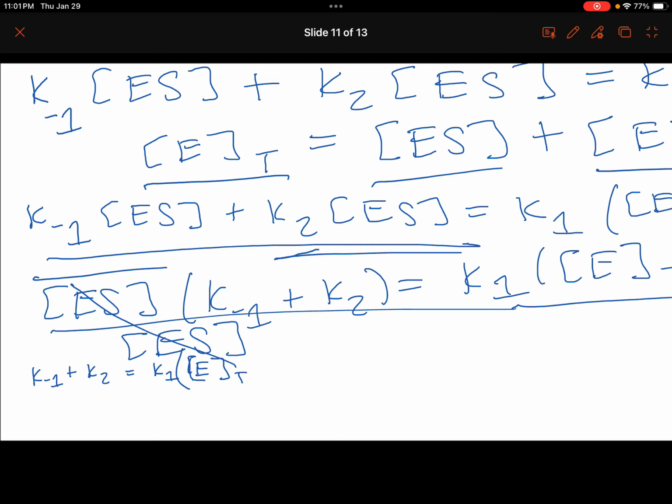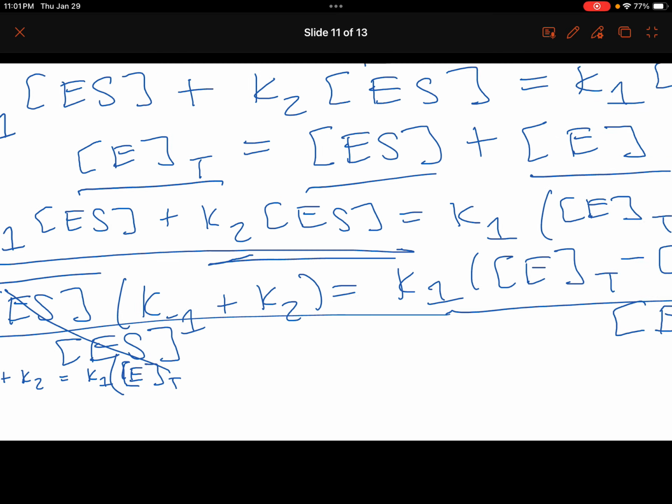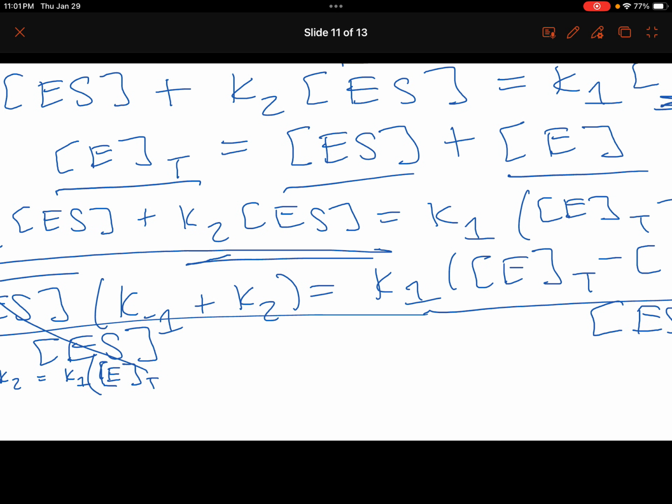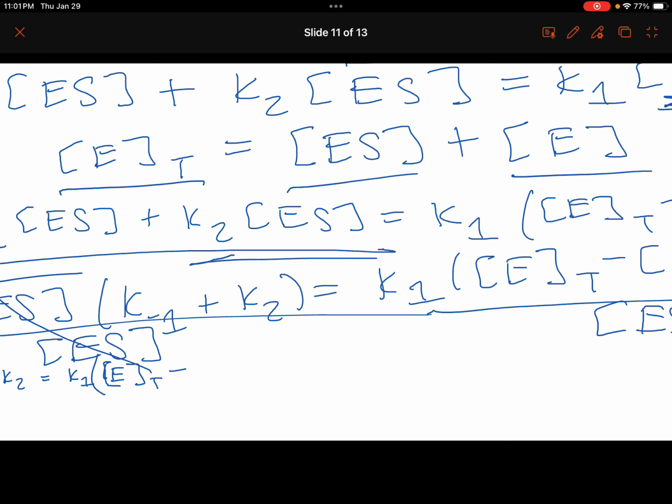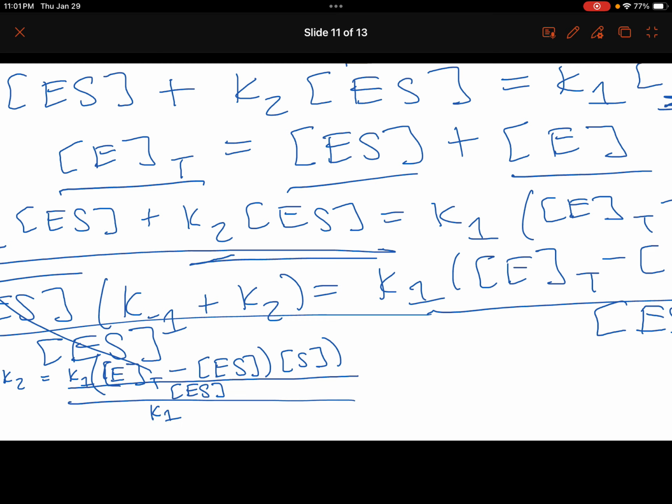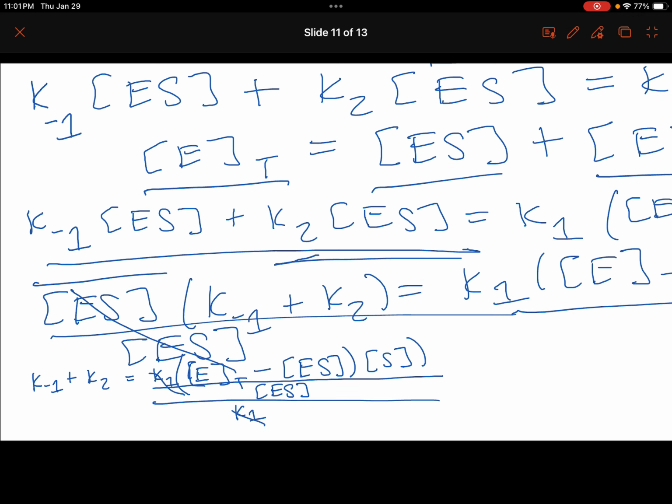I'm just rewriting what we just did so we can see it. All right, and then we're going to divide that by our K1. So that cancels.